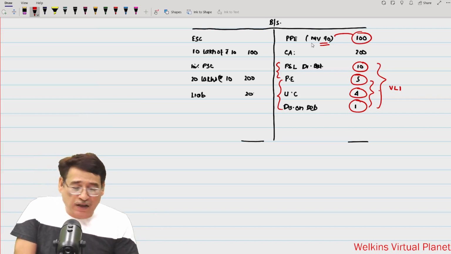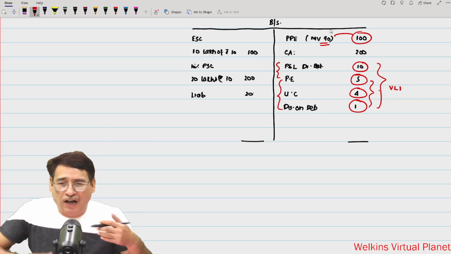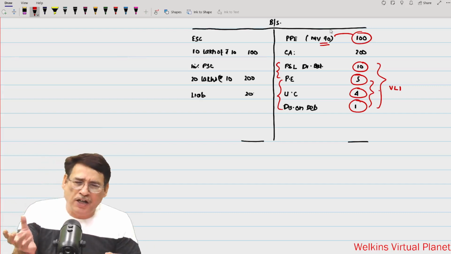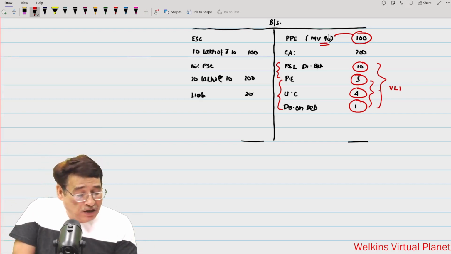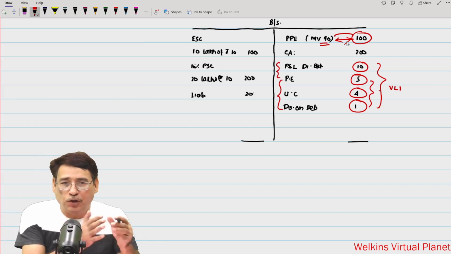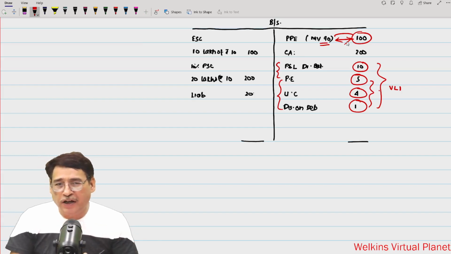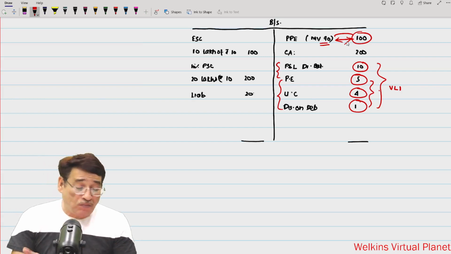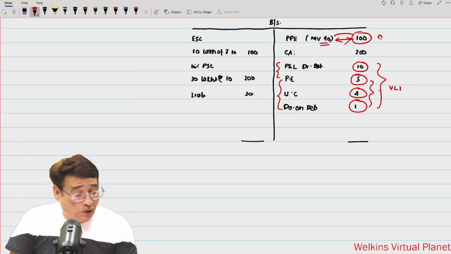The reason is that if I look into the balance sheet, I will immediately conclude that this company does not have the required amount of profits to write off the 10 lakh excess amount which we have written here. We have shown property, plant and equipment at 100 lakh and its market value is just 90 lakh. So again, we may say that this is an overvalued item.